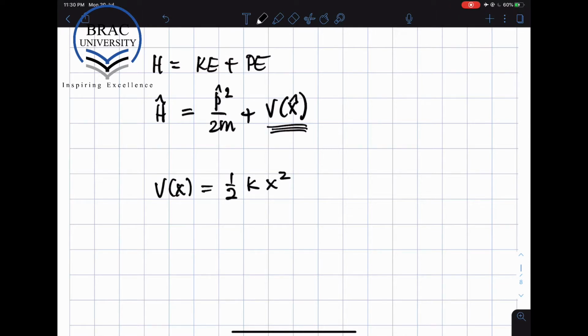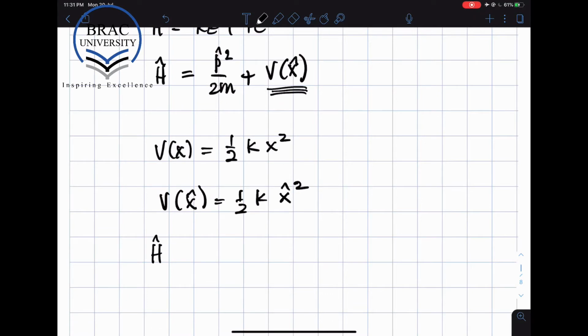Then in quantum mechanics, this will become half times K x hat squared. The Schrodinger equation can be written as the Hamiltonian operator acting on my wave function psi, and that is given by i h bar d psi by dt.